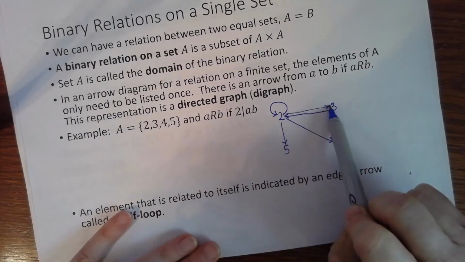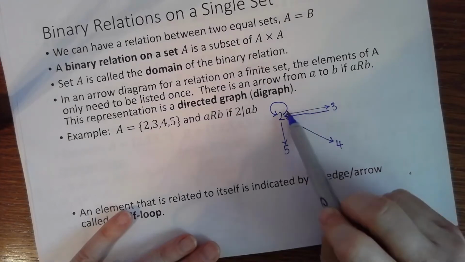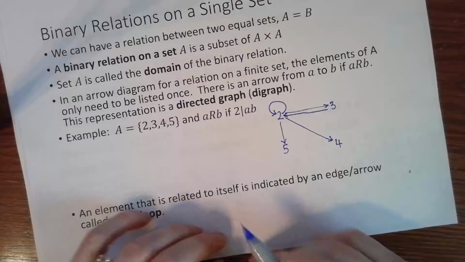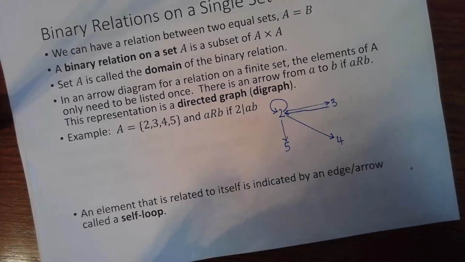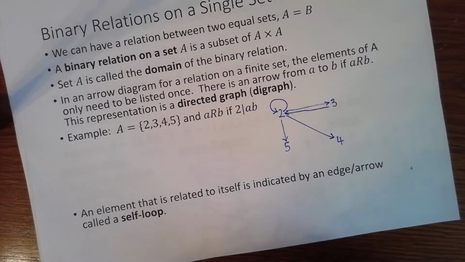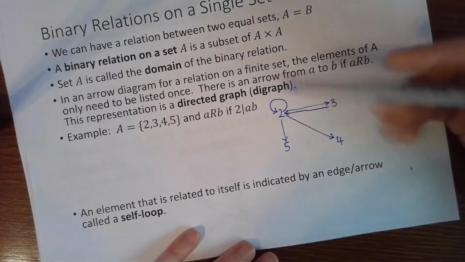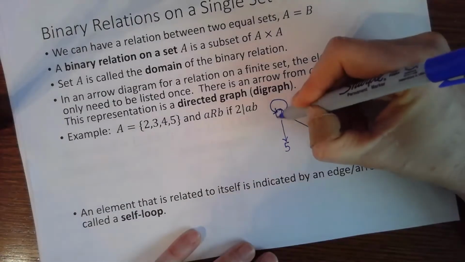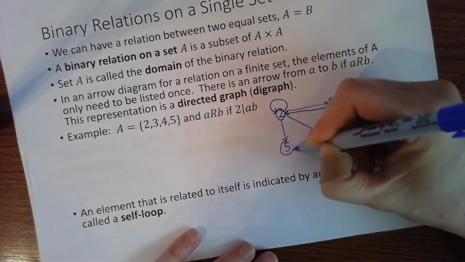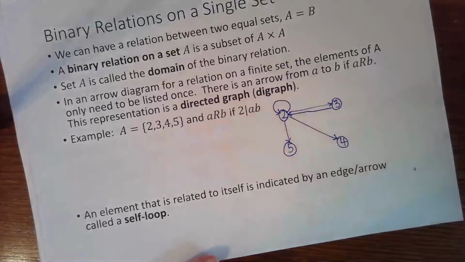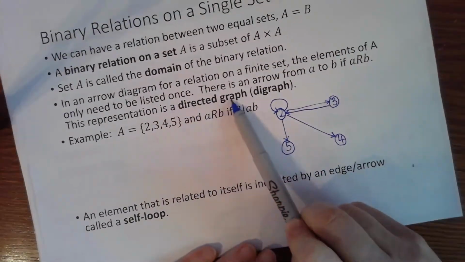These are 2 different edges here. So we talked about a graph before. We did a proof about the number of vertices and edges on a complete graph. Eventually we're going to call 2 a vertex, and 3 a vertex, and 4 a vertex, and 5 a vertex. And this is a special kind of graph called a directed graph.